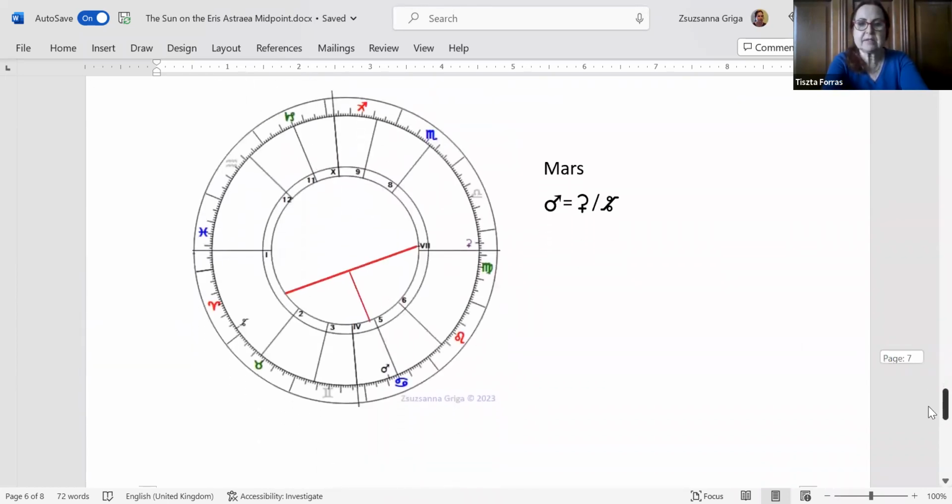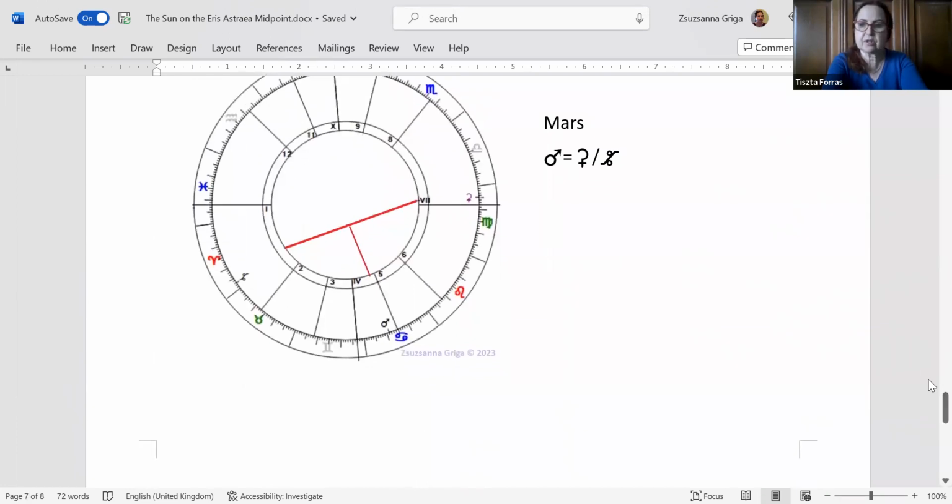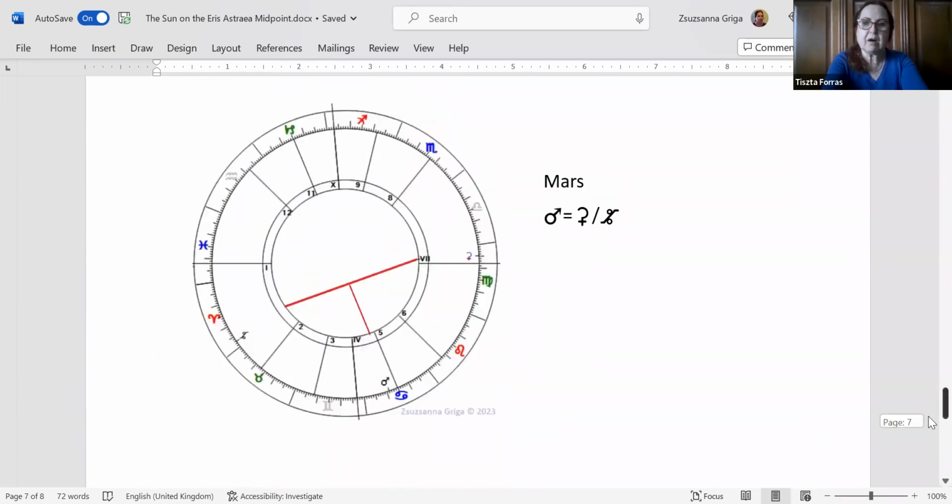And then Mars, this is our last midpoint structure. Mars is at the midpoint of Ceres and Astraea. If you look closely, you might say that Astraea and Ceres have a quincunx, an inconjunct, between them. To my taste it's a little bit too wide, but yes, you could say this is a quincunx, but still Mars is at the midpoint.